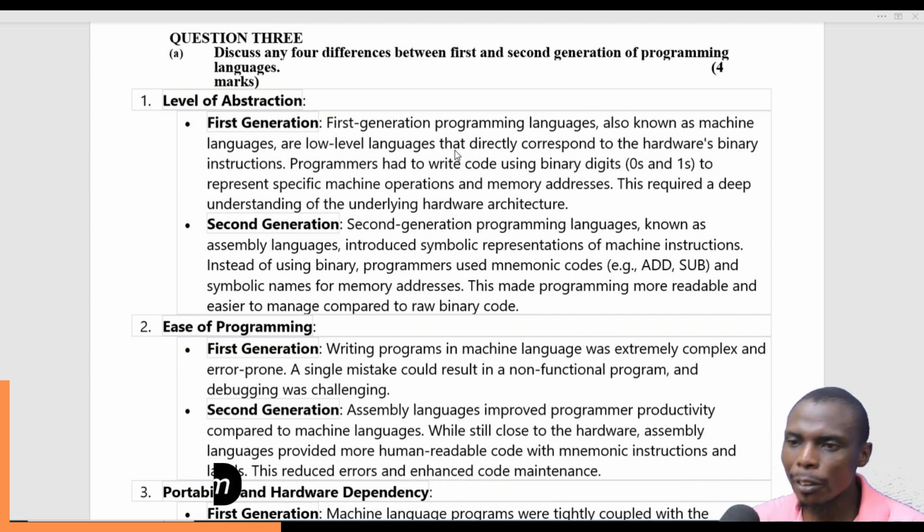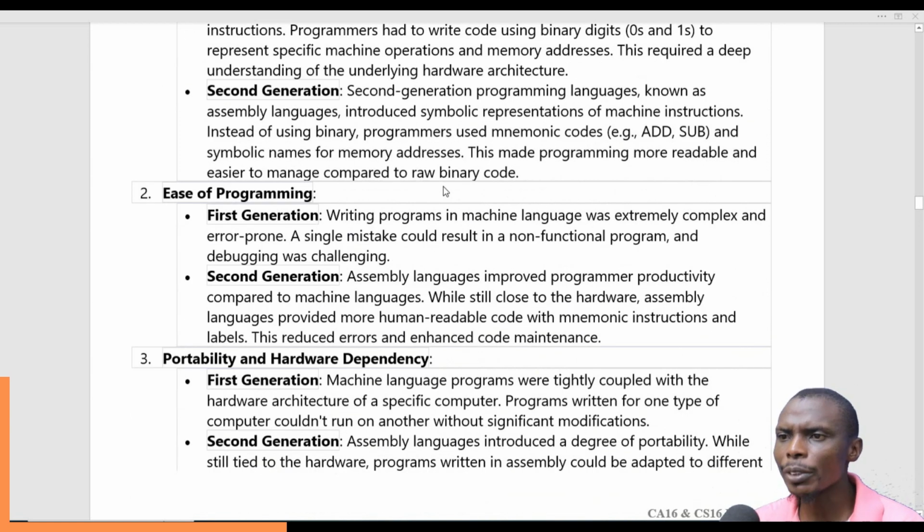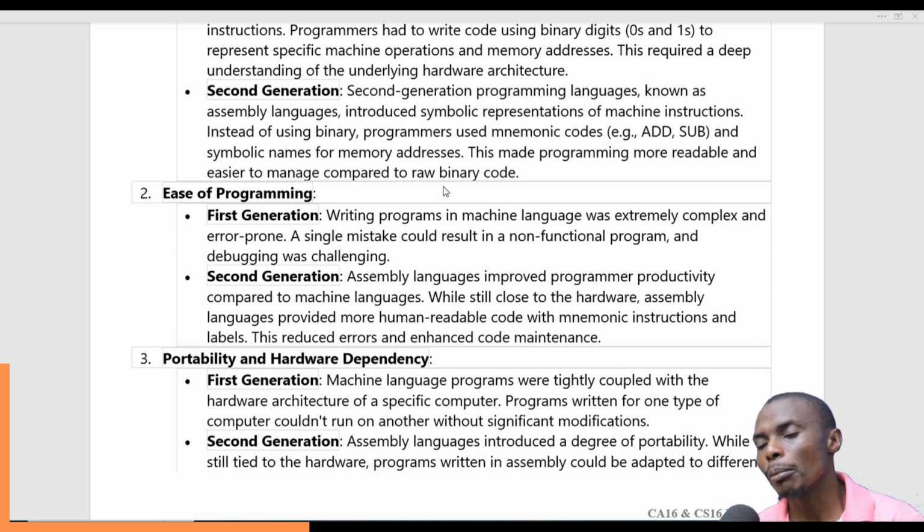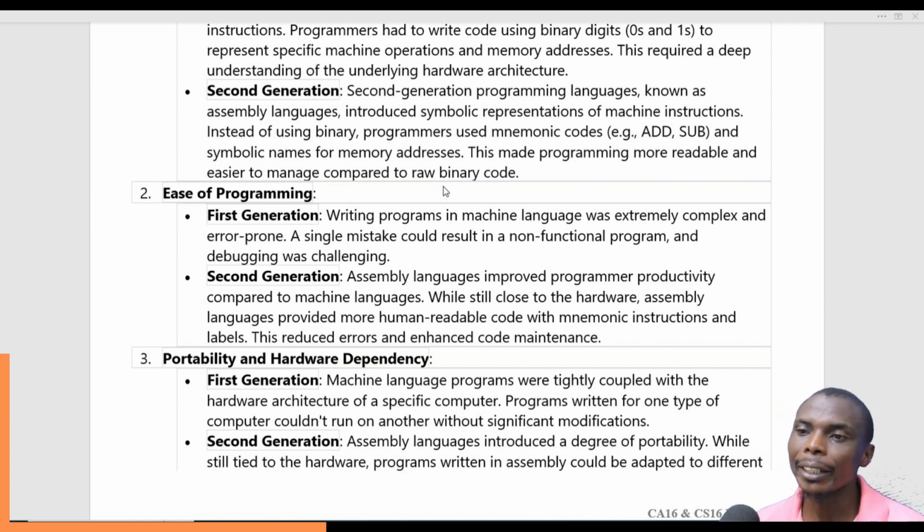Again, according to ease of programming, as we have seen, in the first generation programming language, where there was only use of codes and binary digits 0 and 1, these programs were extremely complex and prone to error. You could easily make an error, and just a single mistake could result in a non-functional program.